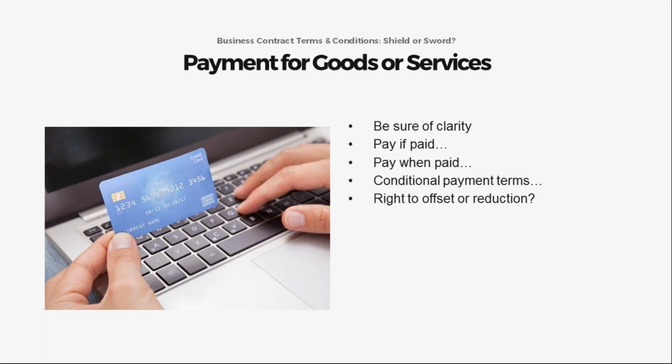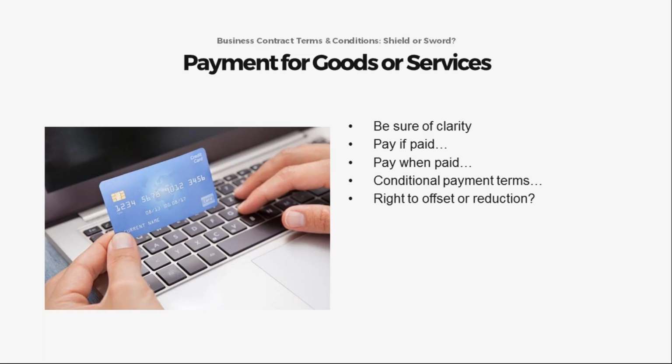The other one is, sometimes somebody will claim a right to offset or reduction. For example, on another contract we're working on, you owe me $10,000, but on this one I know I owe you 20, so I'm just going to deduct that 10. But on that other 10, you may have a reason for not paying, or it may not be due yet. So really be careful with provisions that someone may try to put in that call for a right of offset or right of reduction.